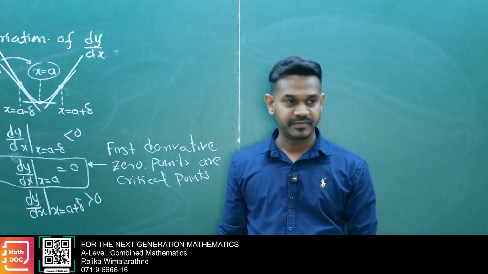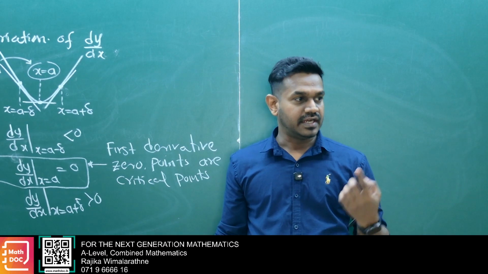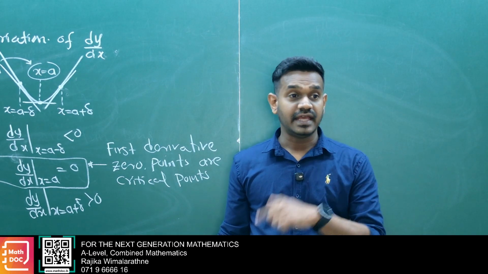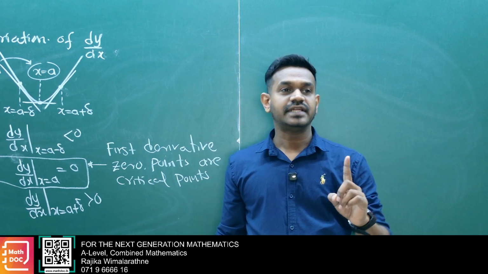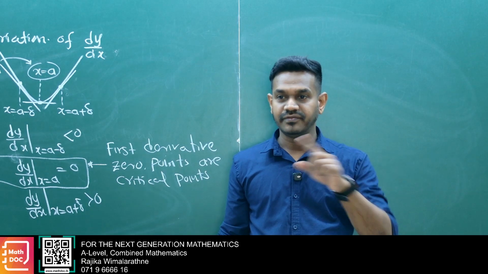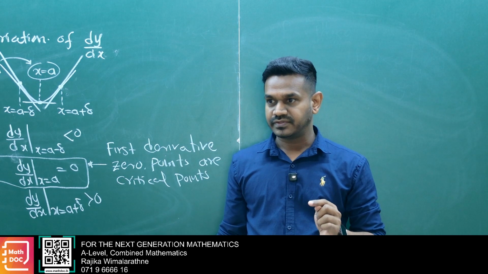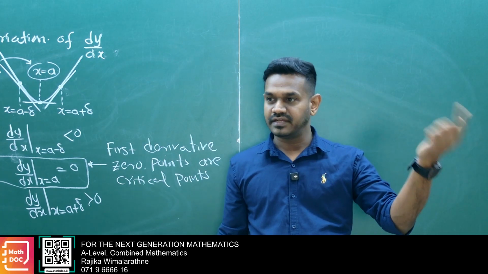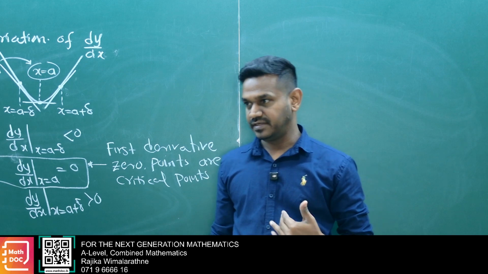First of all, you have to identify the critical point. Then we obtain the critical point by checking where the derivative is 0. First step, differentiate the function, then equate to 0 and find values, that is the critical values. That means x values. That value we can substitute into the function, then we can get the point. That's the procedure.